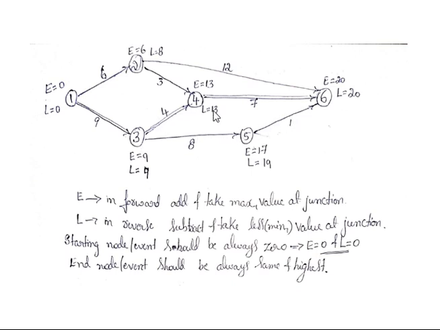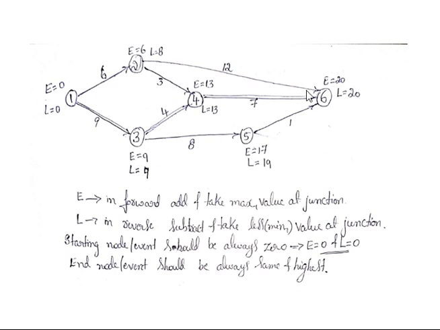Here the L value is already 13, and 13 minus 4 means 9, and here 19 minus 8 becomes 11. In the reverse direction we take the smallest values. Between 9 and 11, the smaller is 9, so we put that 9 value.